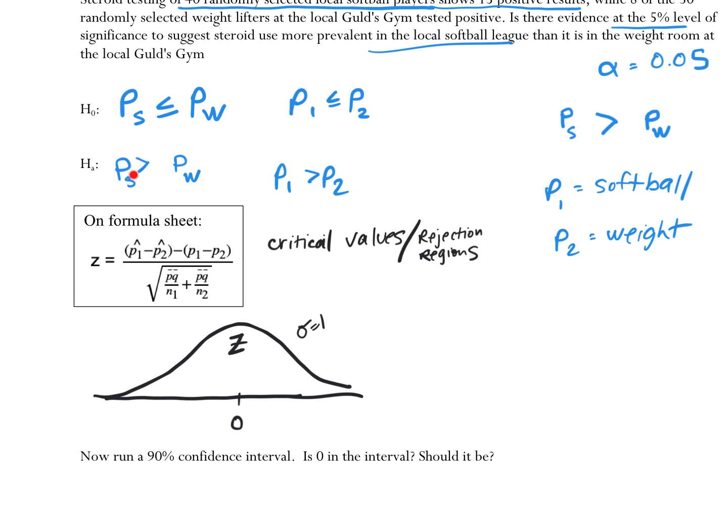We look at the sign of our alternative hypothesis. The sign of our alternative is telling us where to shade, which is pointing to the right. So we're going to shade to the right. And how much am I going to shade? 0.05, alpha.